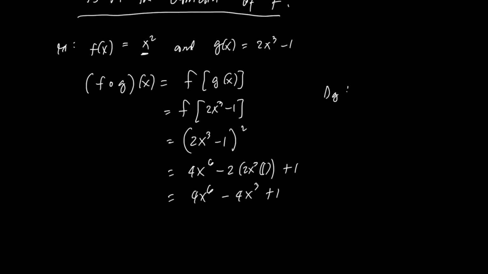So what is the domain of g? The domain of g is all real numbers. The domain of f is also real numbers, and g of x is in the domain of f. Okay, in this case, the domain of f of g, the domain of the composition, is also all real numbers.